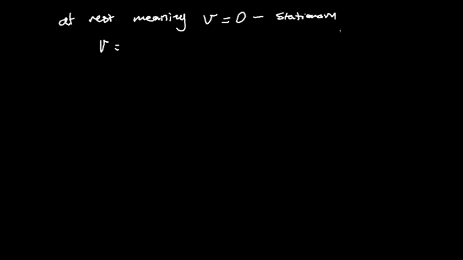Part C says at what time and position is the particle momentarily at rest? So at rest, we're finding the time when v equals 0, meaning that it's stationary. Our velocity was 2t take 4, so we're solving that when it's 0.